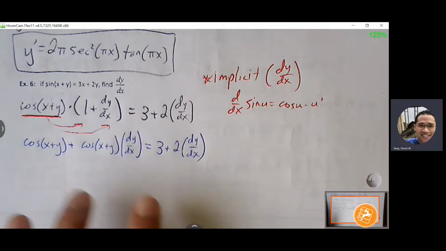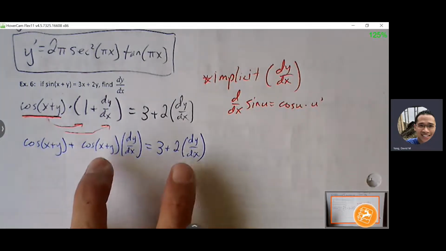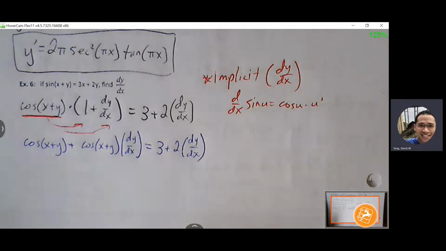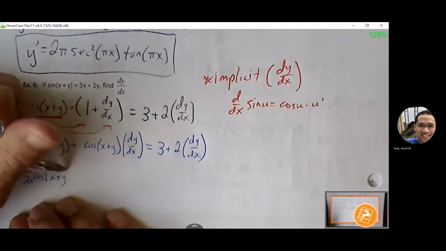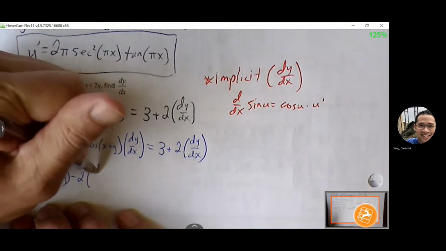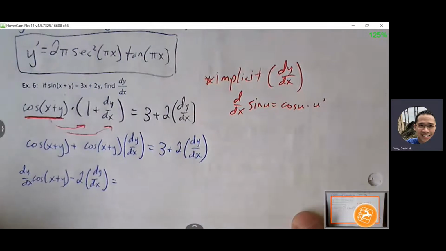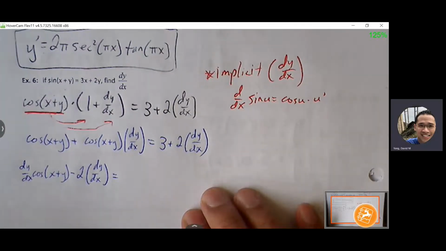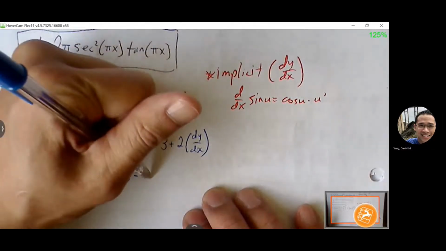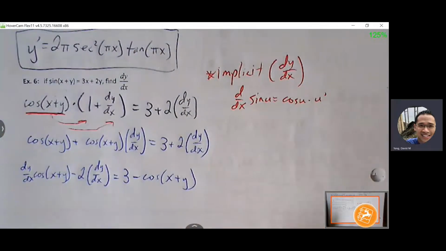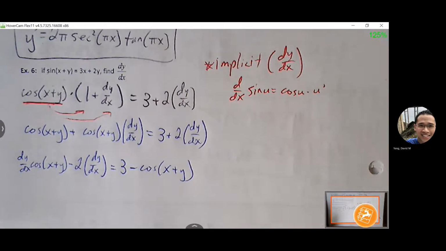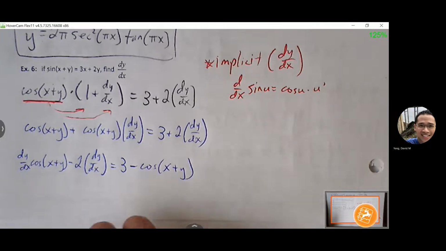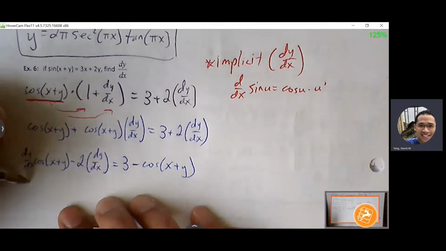Once I have my terms all separated, I can move things around. I want to get the dy dx terms together, so I can factor that dy dx out. Okay, factor dy dx out.